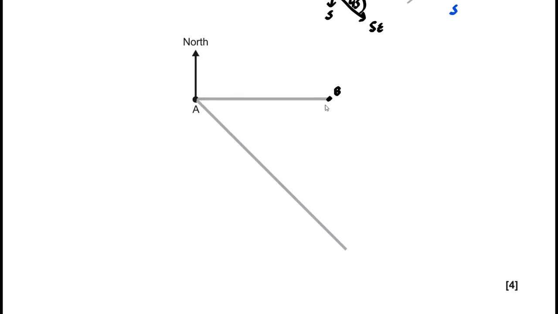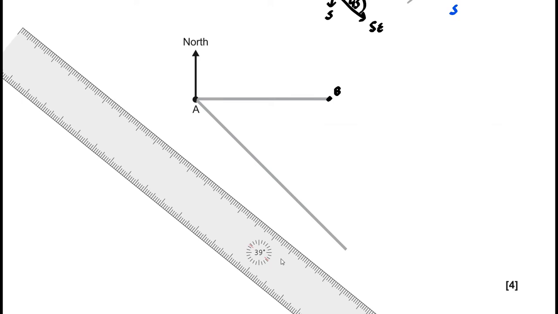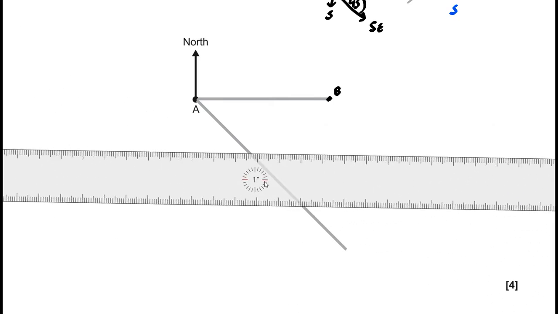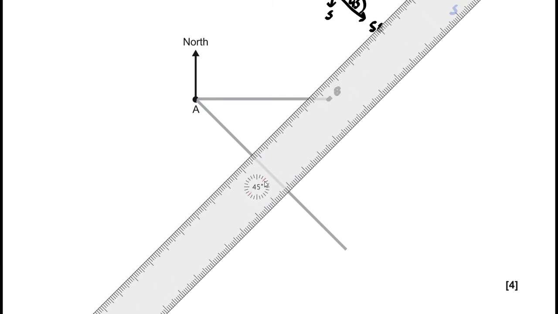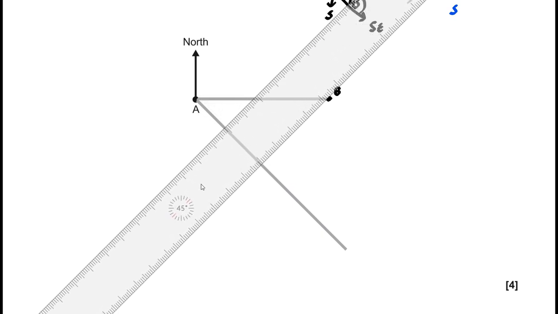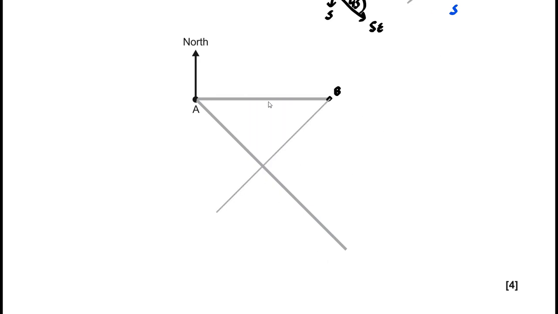Which means I need to measure an angle of 45 degrees from B. So here is that 45 degrees. And if I draw my line on like that, the point C then will be the intersection of these over here.